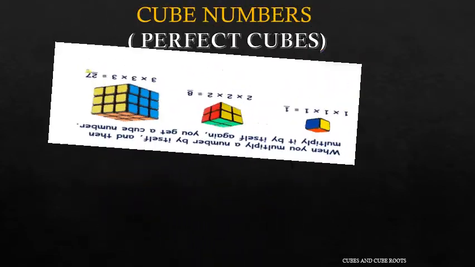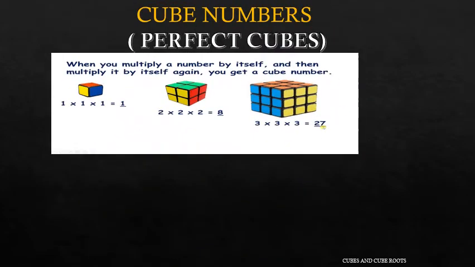Have a look at the first figure. It's a cube with side of 1 unit and its volume is 1 into 1 into 1, which is equal to 1. And in the second one, as you see, the side is of 2 units.